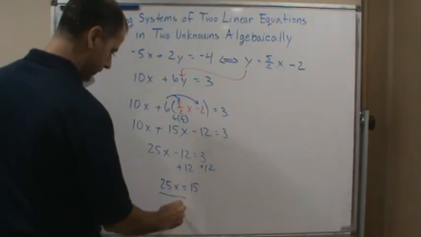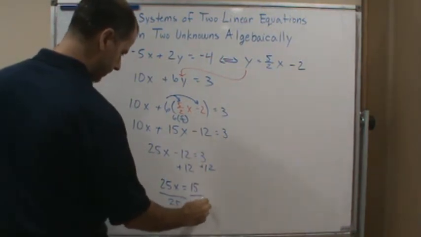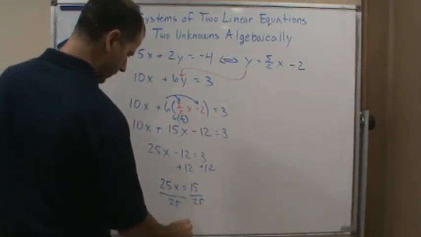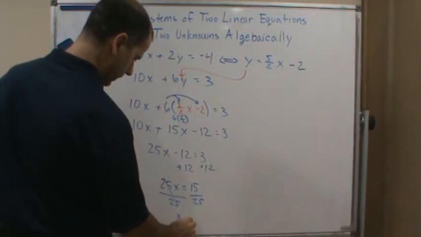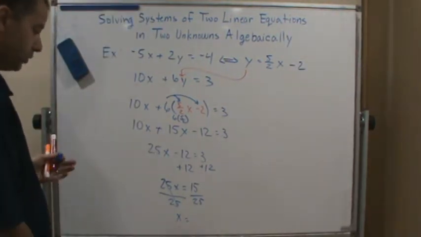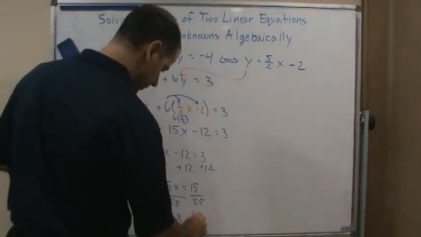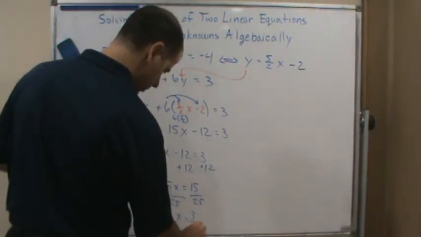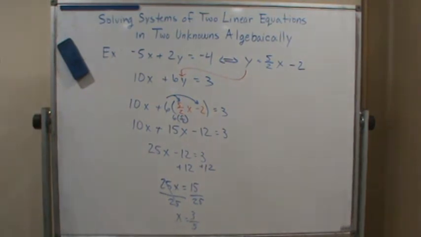And then divide both sides by 25. And I get x equals what? 15 over 25, which reduces to 3/5. And so that's one of my unknowns.